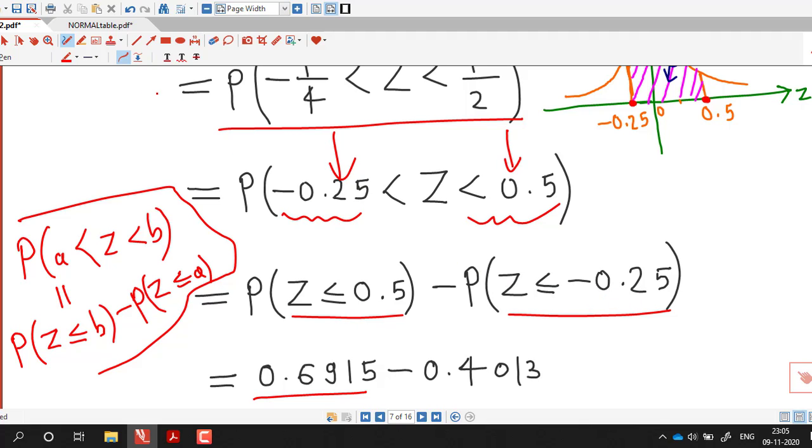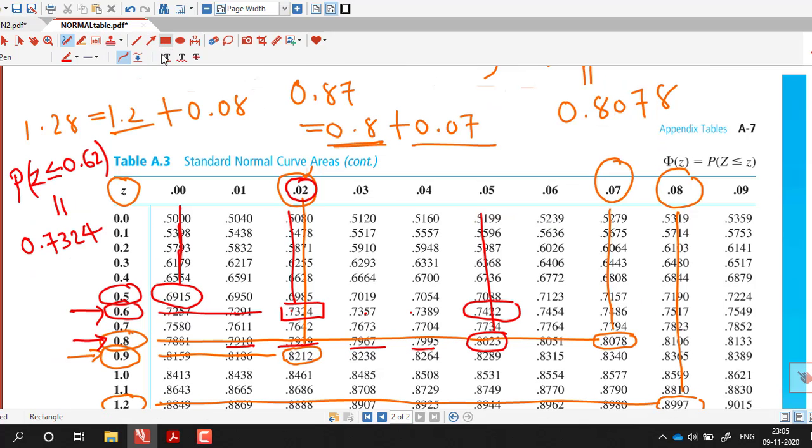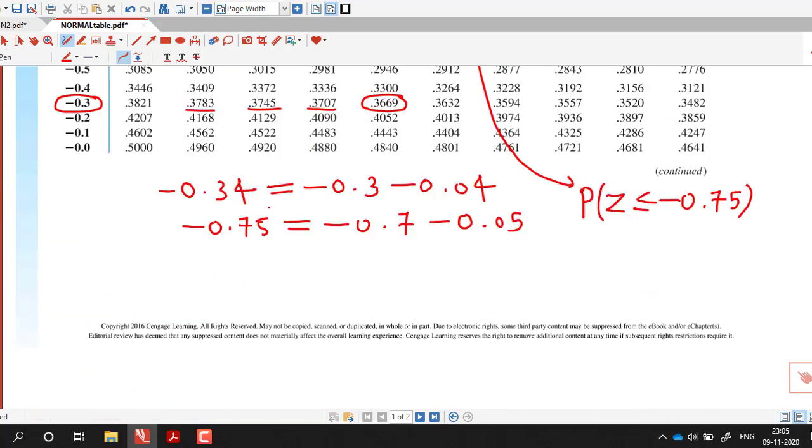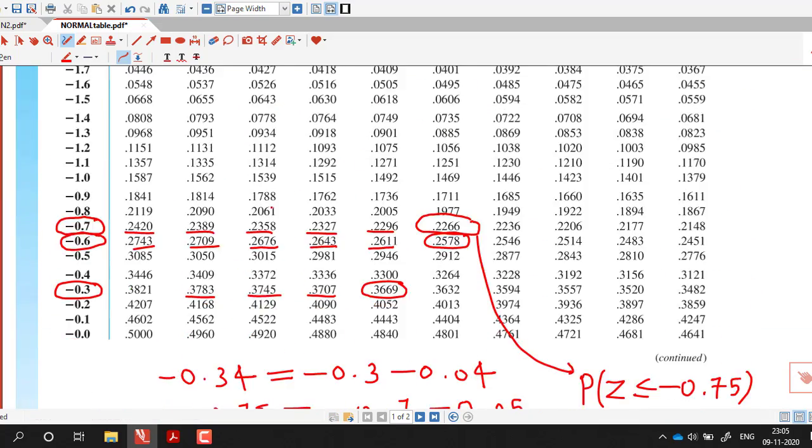Here z is less than or equal to minus 0.25. So we come to the negative values, minus 0.25. Here we have minus 0.2 and we have to go up to 0.05. So this is 0, 0.01, 0.02, 0.03, 0.04, 0.05.